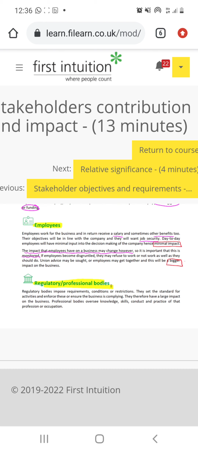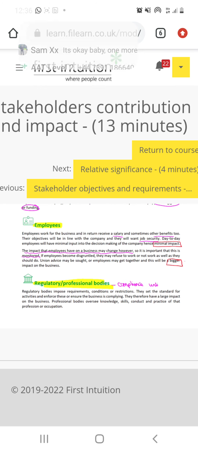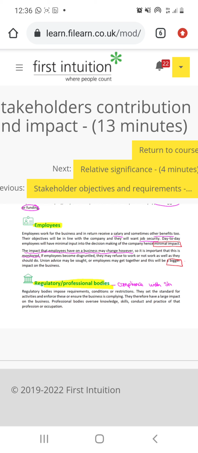Here we look at regulatory or professional bodies. What they want is compliance with standards. A company or an individual will want recognition in return.